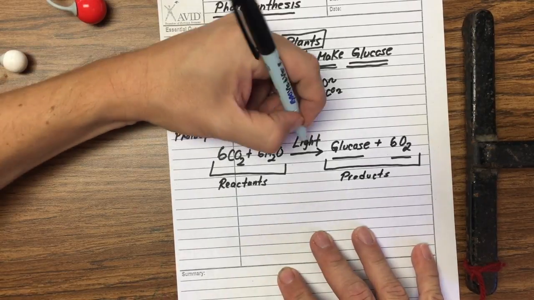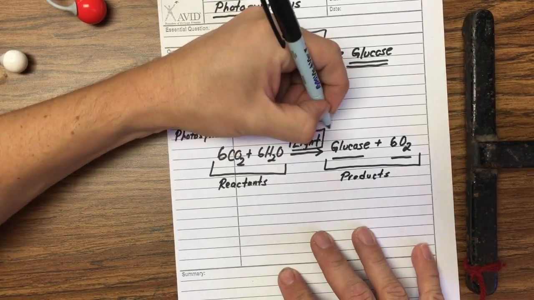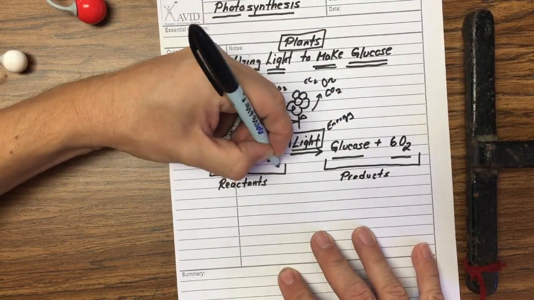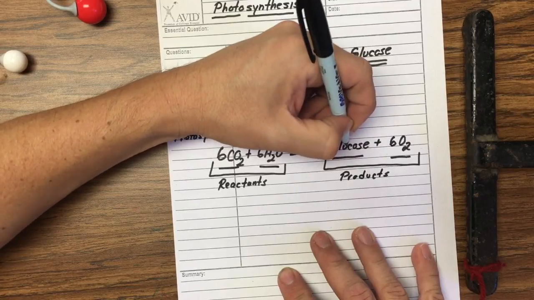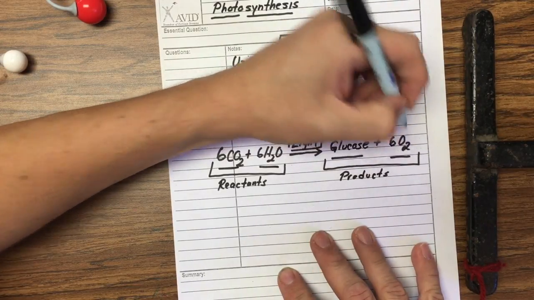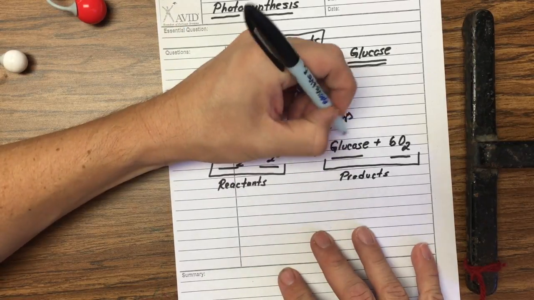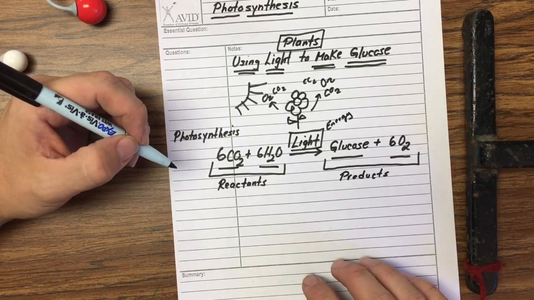Because remember, they're using the light as energy to break these molecules and use the atoms to make glucose, and the leftover atoms get turned into O2 molecules, okay? Now the plant is making all the glucose that it needs.